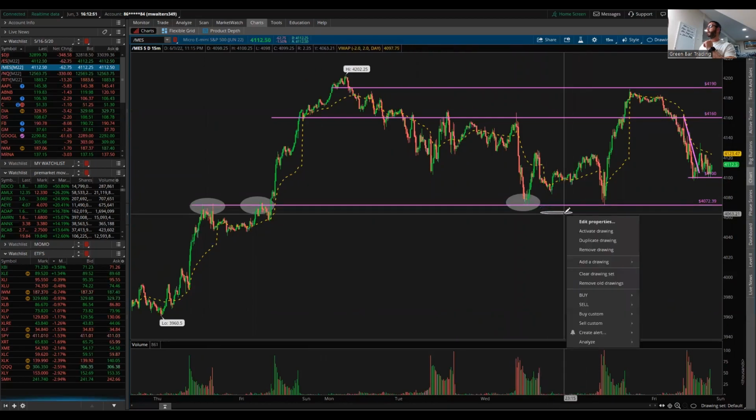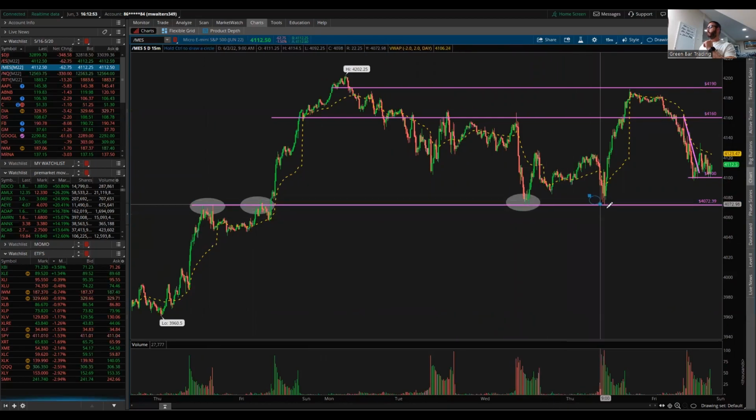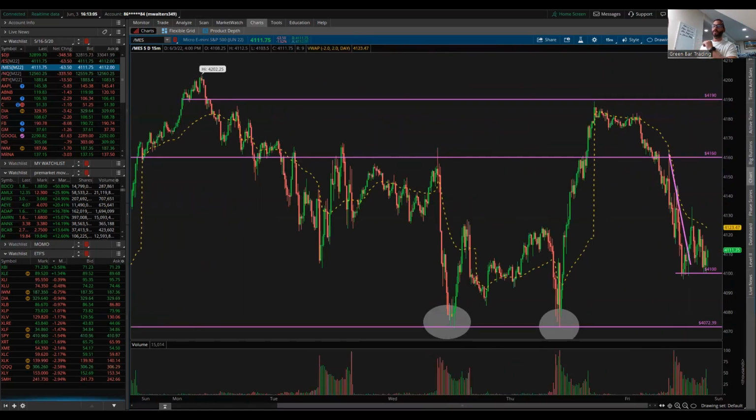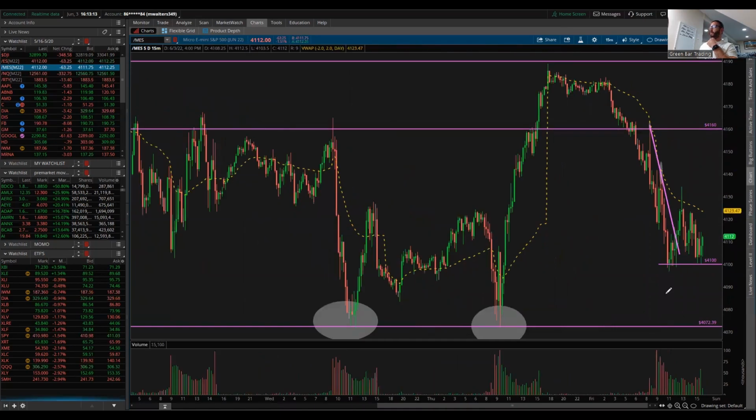So we saw support here 2 days in a row, which led to this double bottom and another huge rip up. And then the macroeconomic news comes out, and a lot of times that will send the market whichever way it's going to go. So that's basically how I trade using technical analysis.